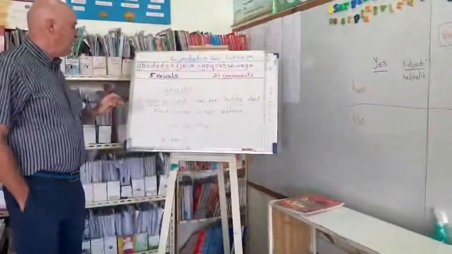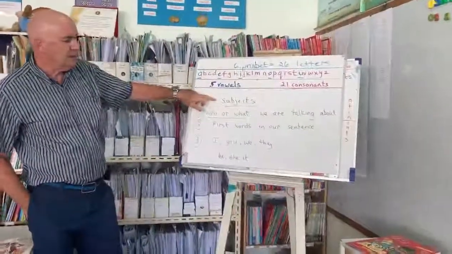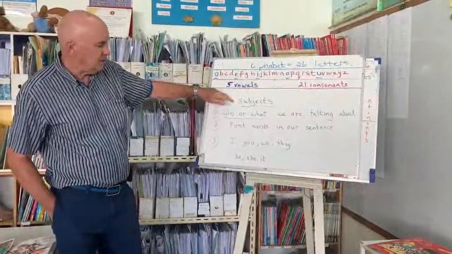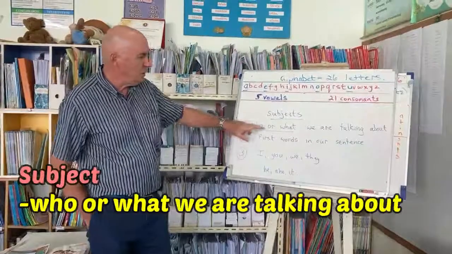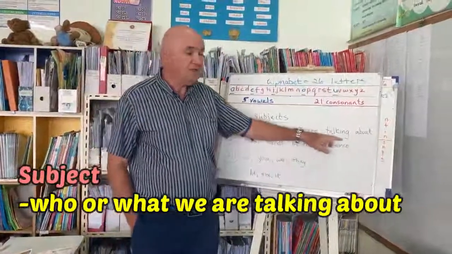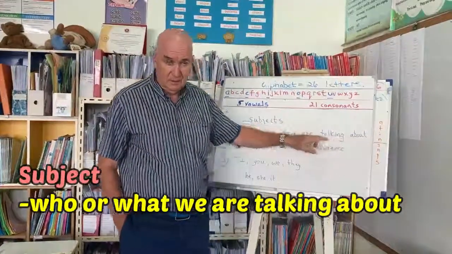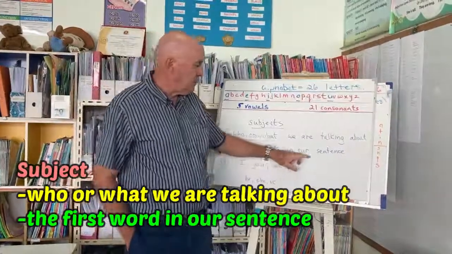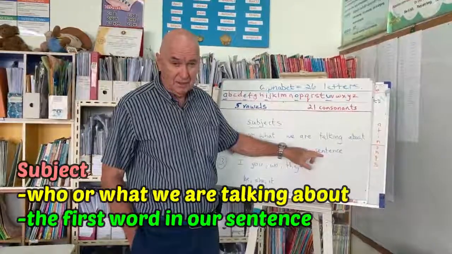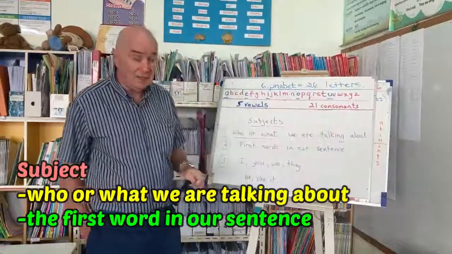Right, last week we looked at the subject of a sentence. The subject of a sentence is who or what we are going to talk about. Okay? And most of the time, the subject is the first word in our sentence, the first thing that we say.